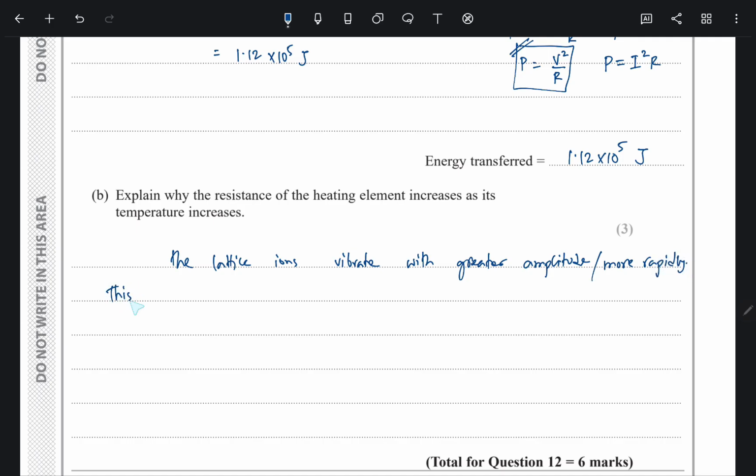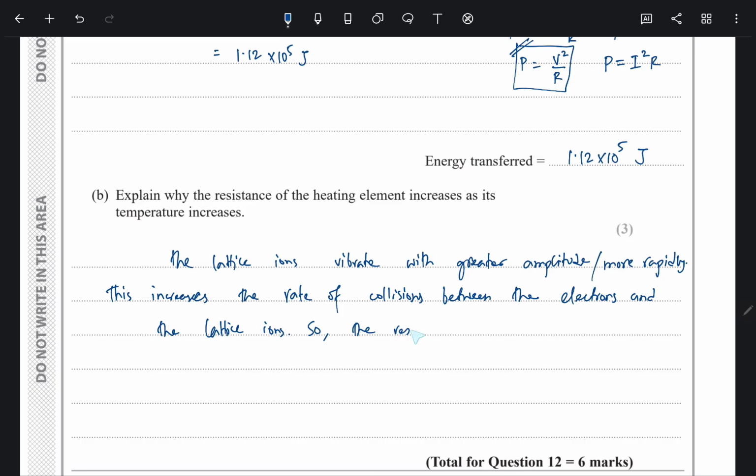This increases the rate of collisions between the electrons and the lattice ions. And so the resistance increases.